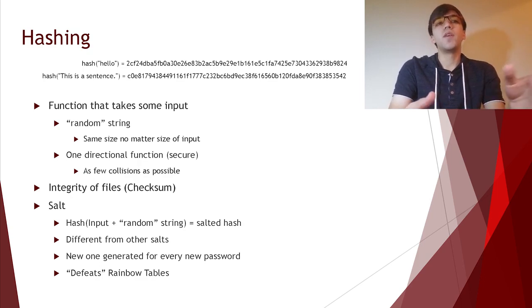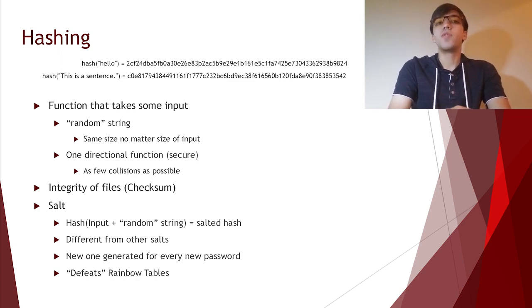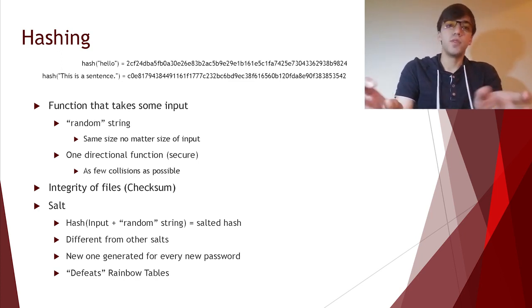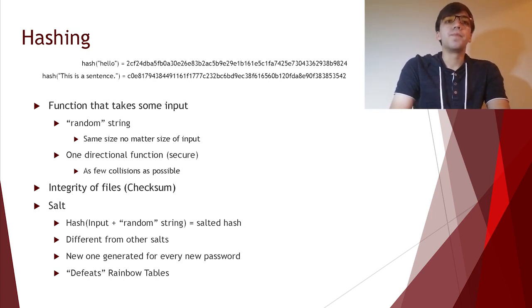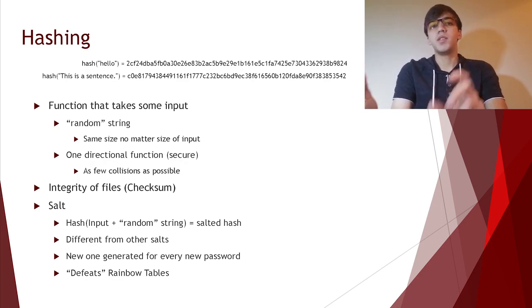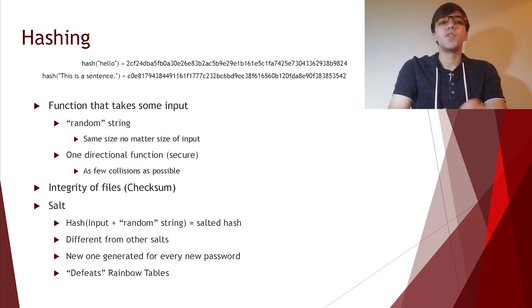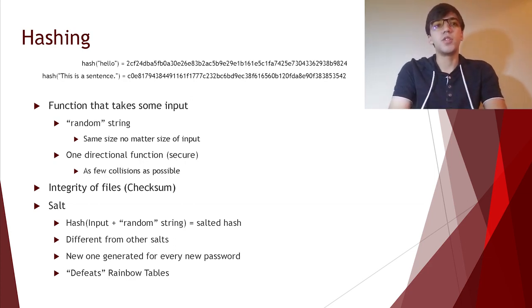The size of the input doesn't matter because the output will always be the same size. This is a one-directional function, so it's secure. There are things called collisions, which is when the output string is the exact same for two inputs, and that's a security issue.